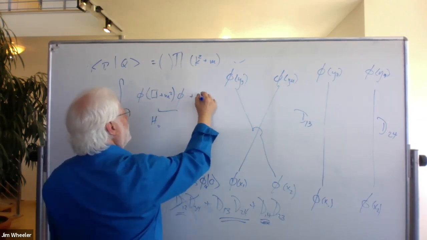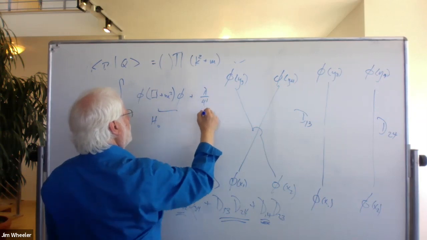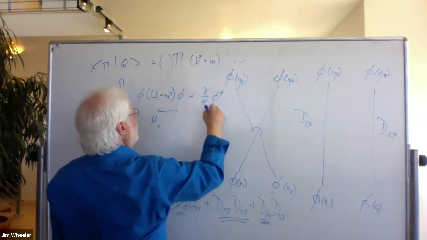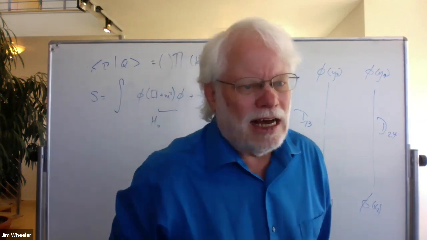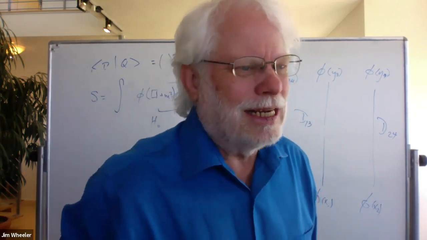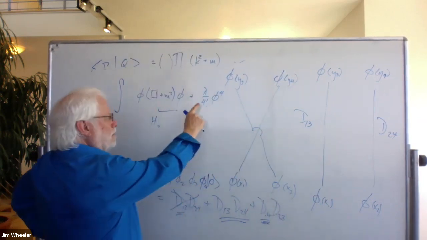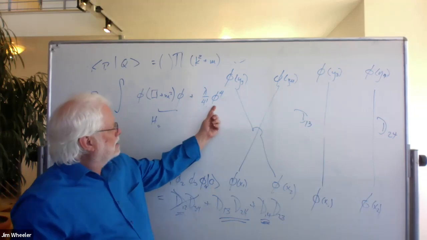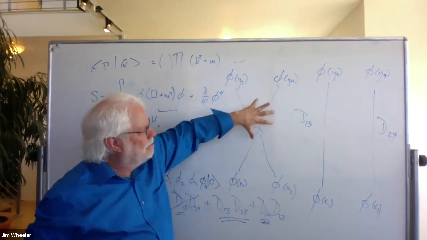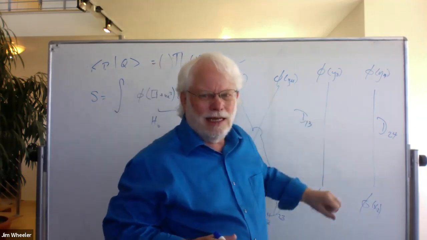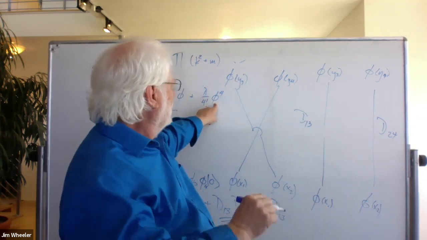And we're going to add something like lambda over 4 factorial phi to the fourth. I think I've put an i in there. Oh, well, there ends up being an i in there, but not yet. The 4 factorial is simply because this is an interaction, something that happens in the middle of the diagram at some independent point.